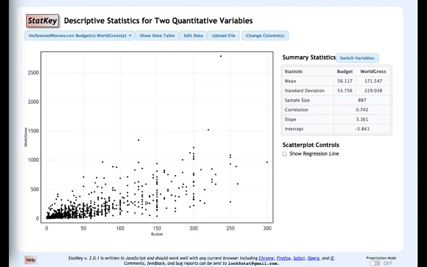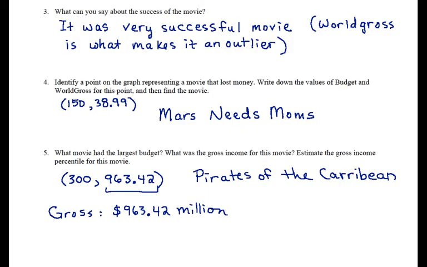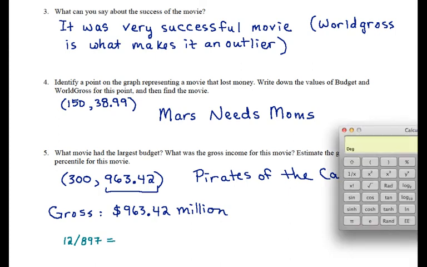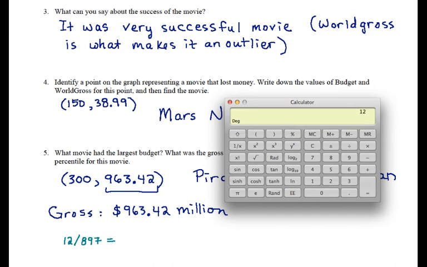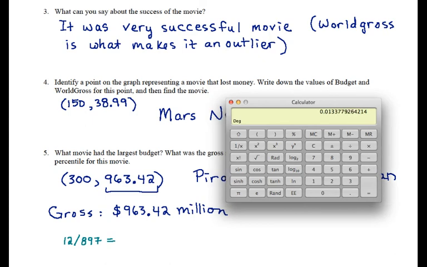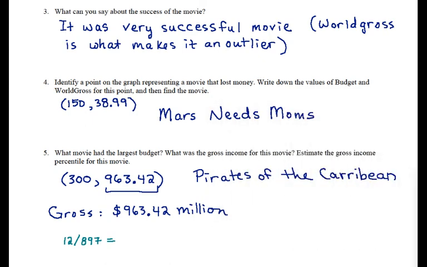So if we put that together, we get that 12 out of 897 are above, and on a calculator, that percent that are above looks like about 1.34%, 0.0134.